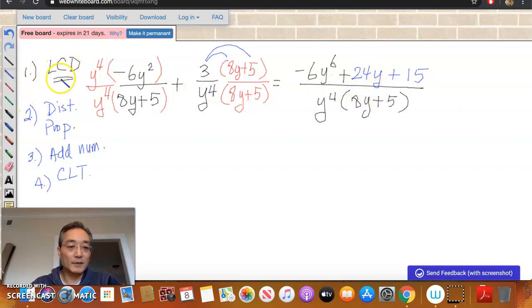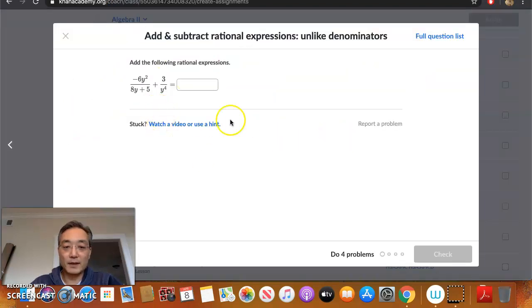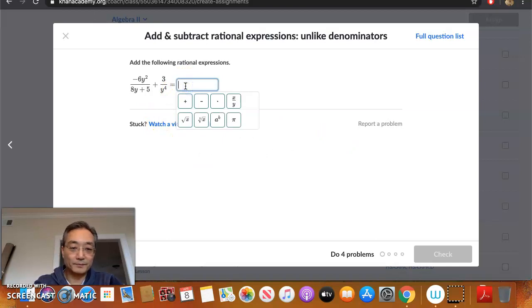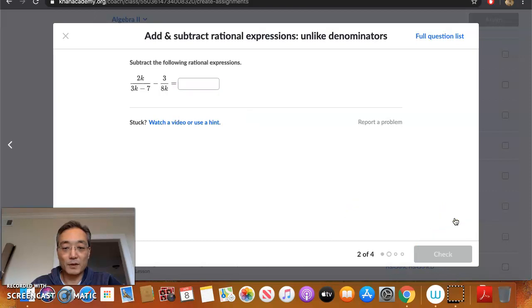So again: least common denominator, apply the distributive property so that you can see what you're going to add on the top, and then combine like terms. I'm not going to type it in, just to save some time. Let's move on to the next problem.